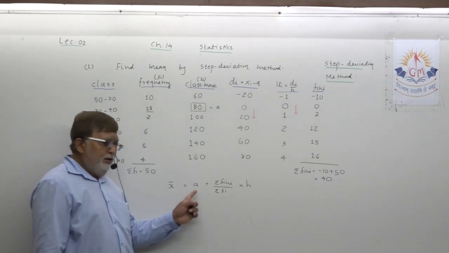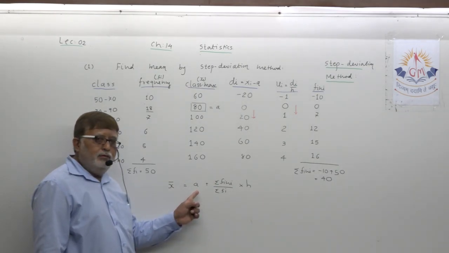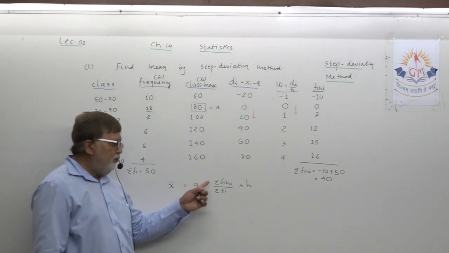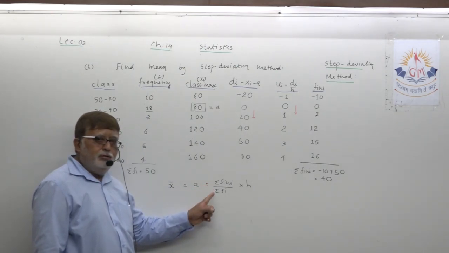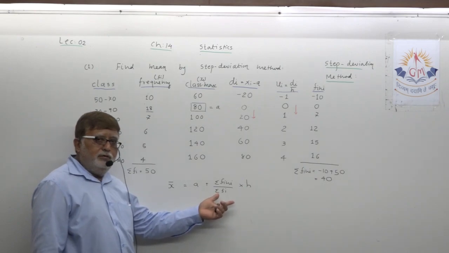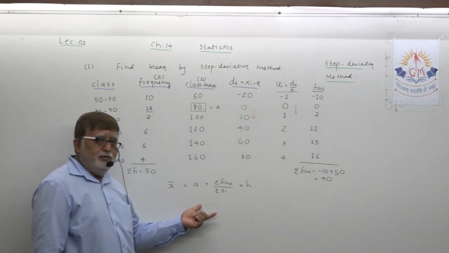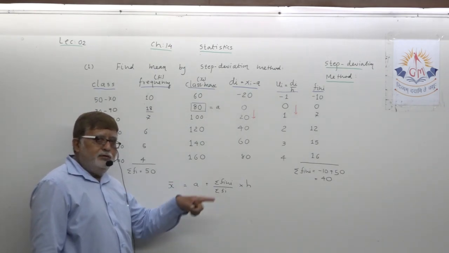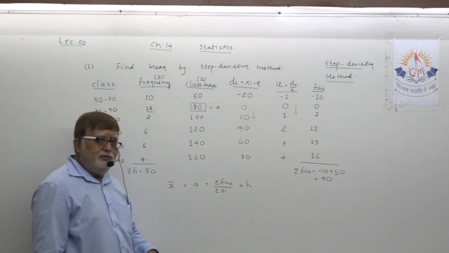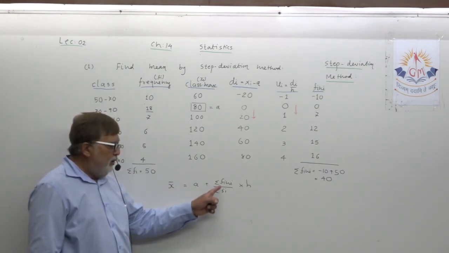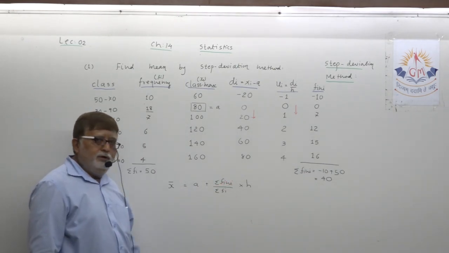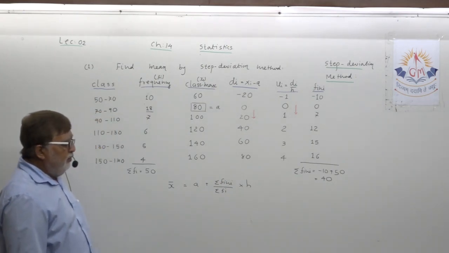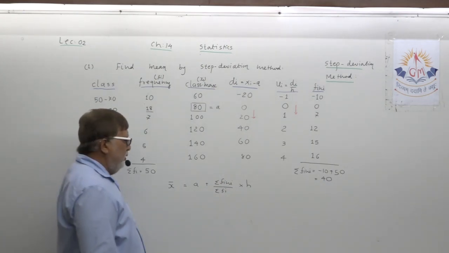In the assumed mean method, we were taking A plus sigma Fi ui upon sigma Fi, and the formula was limited to that extent only. When you add the factor of ui, that is in the step deviation method, what changes do you see? One change here, sigma Fi ui, and one change here, h is the additional factor added.